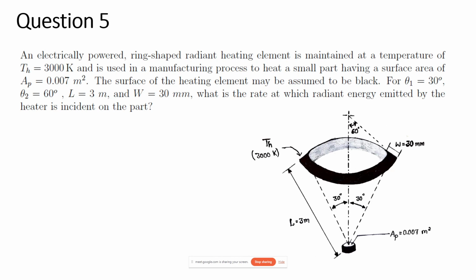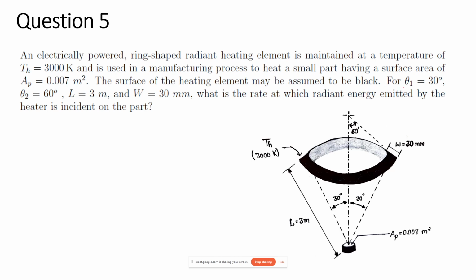Here we have been given that an electrically powered ring-shaped radiant heating element is maintained at a temperature of Th equal to 3000 Kelvin and is used in a manufacturing process to heat a small part having a surface area AP equal to 0.007 meters square. The surface of the heating element may be assumed to be black.